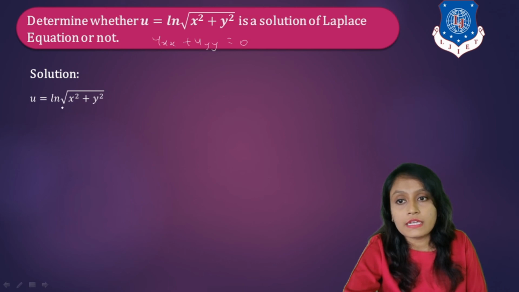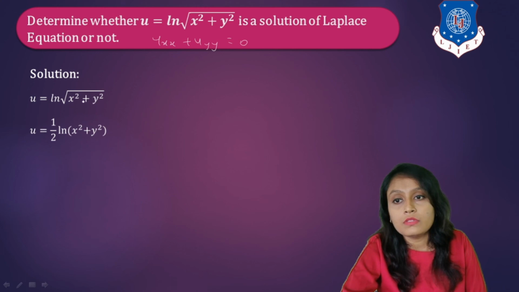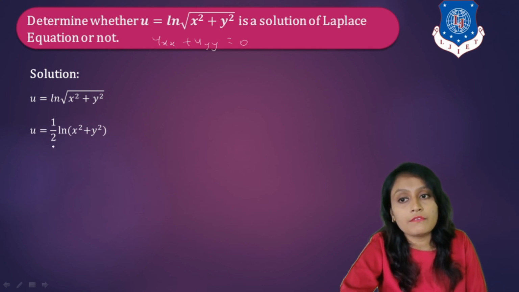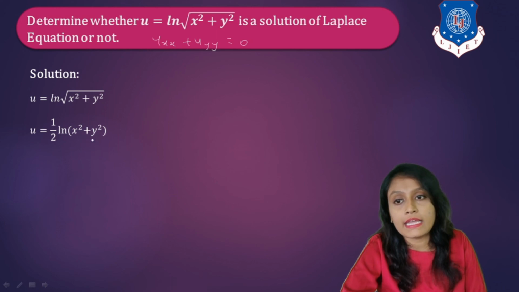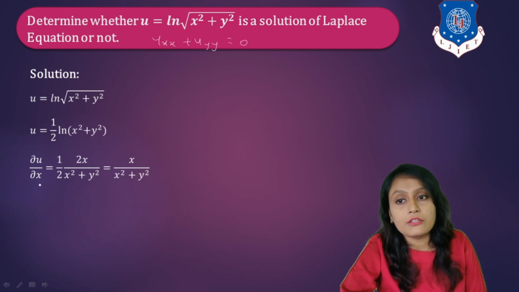Here u is given, that is ln under root x square plus y square. So write down this under root as 1 by 2 and bring 1 by 2 here. So here we have u equal to 1 by 2 ln of x square plus y square. Next, firstly we will find del u by del x, that is derivative of u with respect to x keeping y constant. So 1 upon 2 as it is.